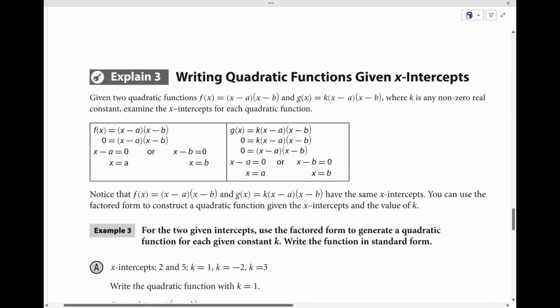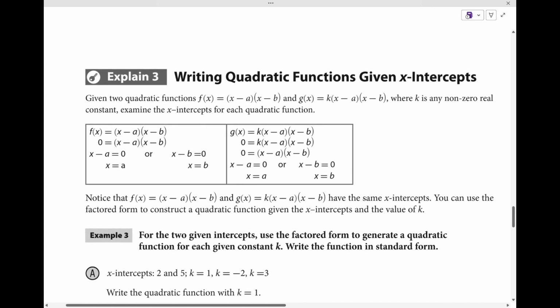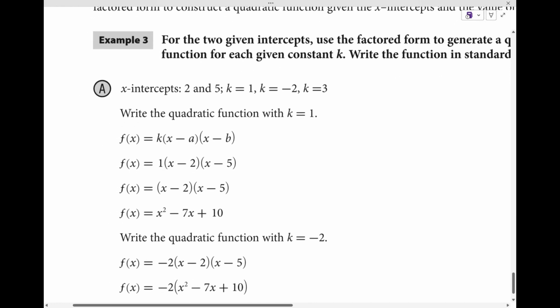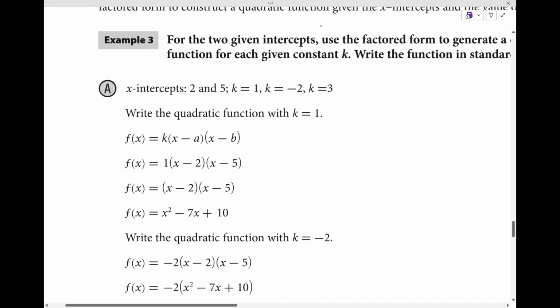If we have the x-intercepts of a quadratic function, we can write the function. So here, we'll actually get to that next lesson. Over here, let's look at example 3, part A. If we're given the x-intercepts 2 and 5, that means I need a linear equation where the x-intercept is 2 and a linear equation where your x-intercept is 5.